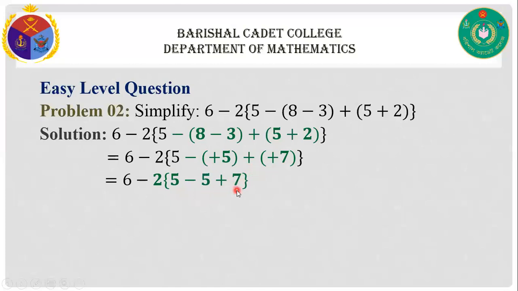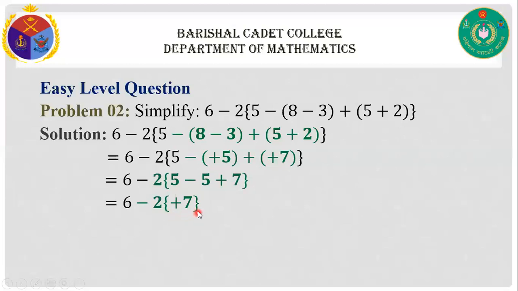And now we have to remove second bracket, and before removing we have to simplify inside the second bracket. Minus 5, here this positive sign, so positive 5 and negative 5 will be eliminated, and here we have plus 7. So 6 minus 2 into plus 7.